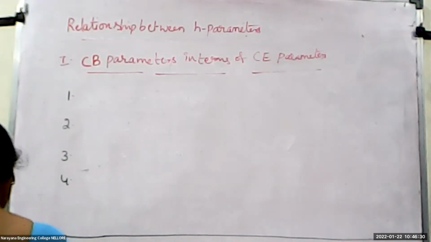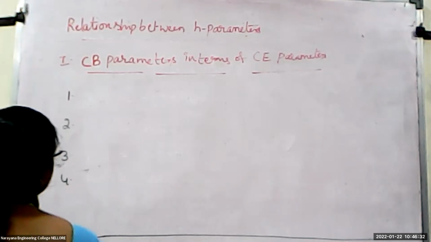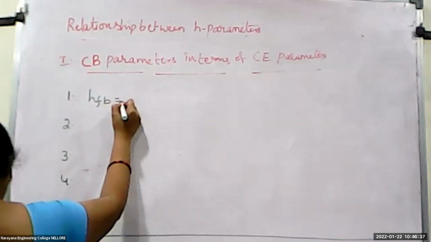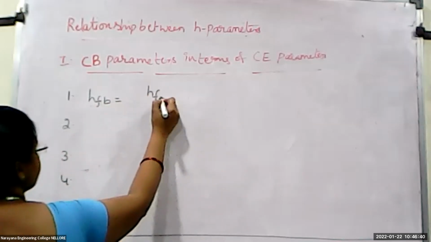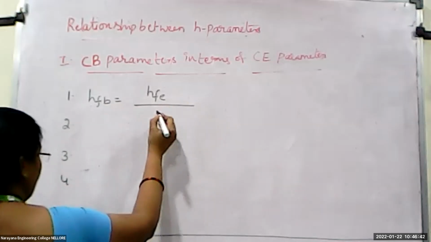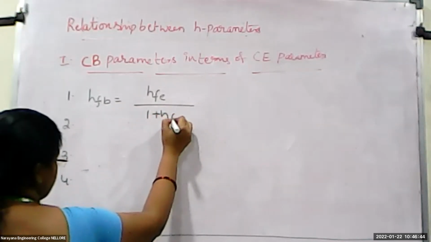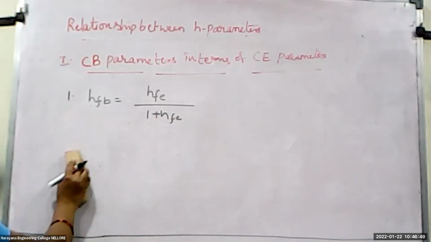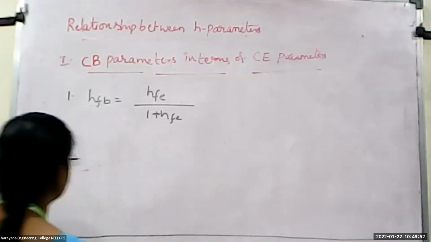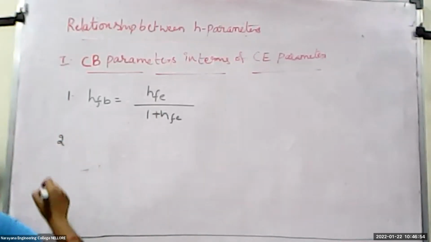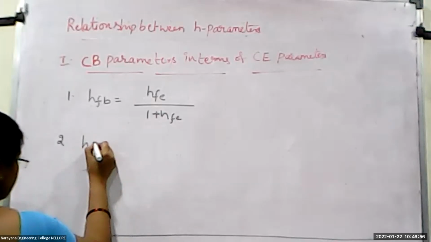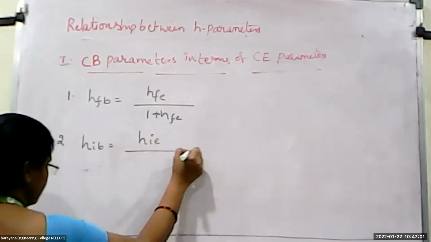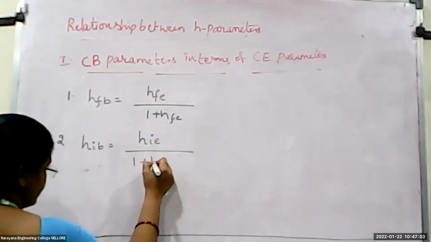First one is HFB. HFB is equal to HFE by 1 plus HFE. Second one, HIB, is equal to HIE by 1 plus HFE.